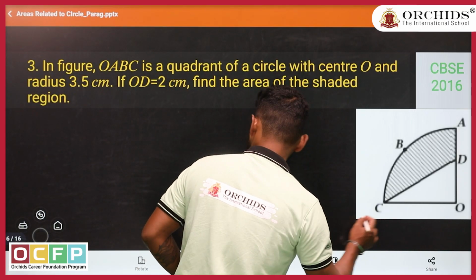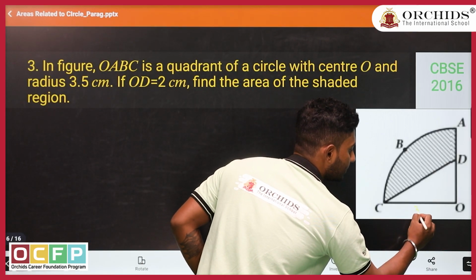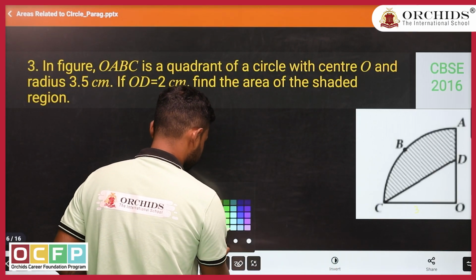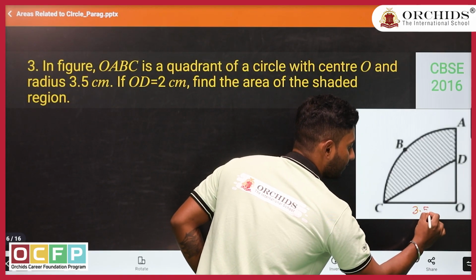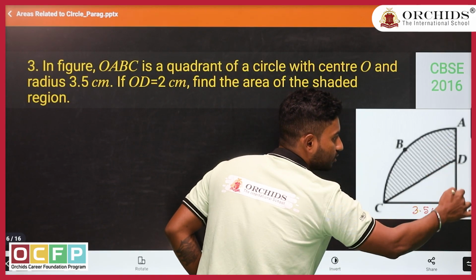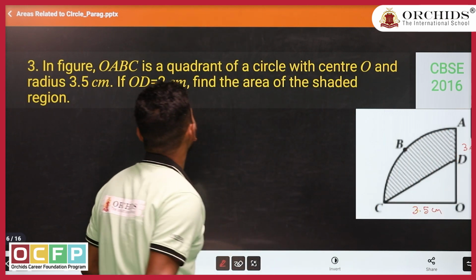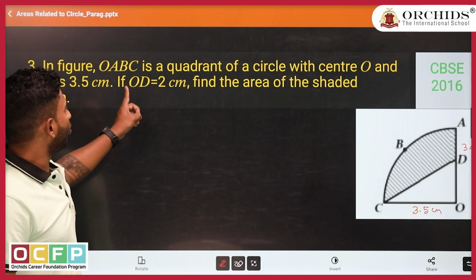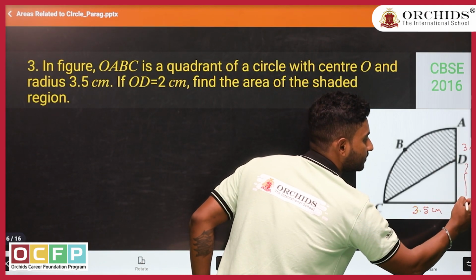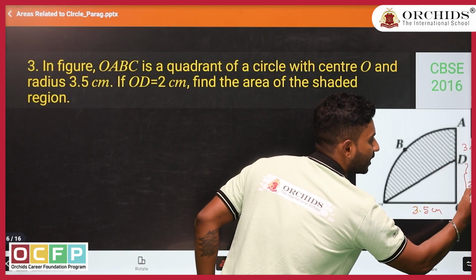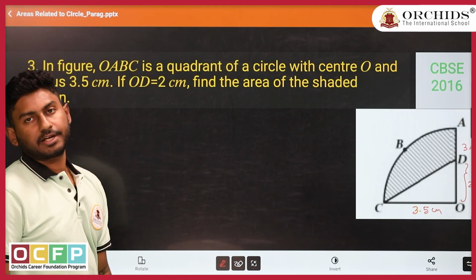This radius is 3.5 centimeter. So this is also radius, this has to be also 3.5 centimeter. Fine. If OD equal to 2 centimeter, have you checked what is OD? This one is OD. This one is 2 centimeter. Fine. What is the area of the shaded portion?